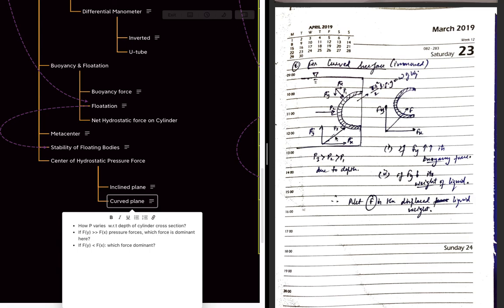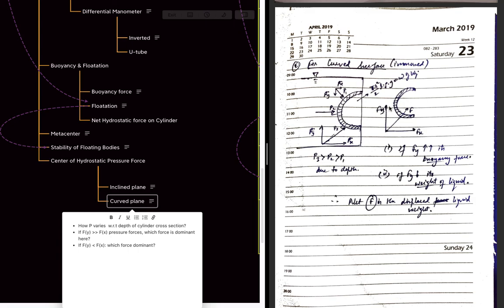If Fy is very high, as we discussed in the earlier situation, that means it is the buoyancy force. If Fx is higher than Fy, it means the weight of the liquid here is very high. So that is the difference. And the net F is the displaced liquid weight.